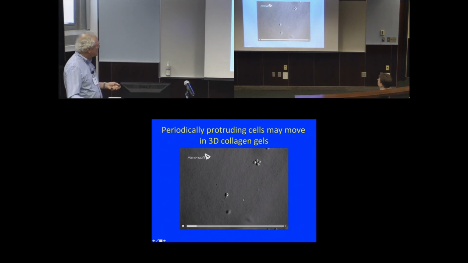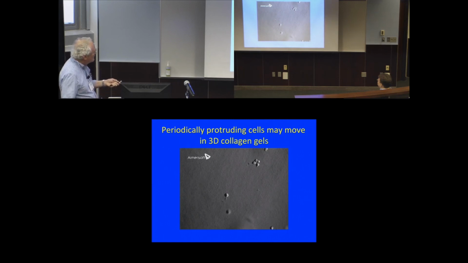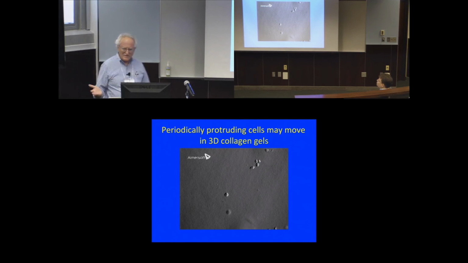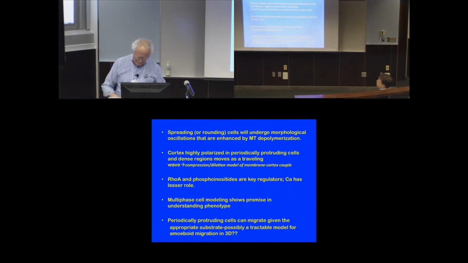If we watch them, particularly the cells up here, these were embedded in the matrix, they were oscillating, and you can see that they can undergo some type of migration, particularly up here. There's a situation where they almost look like a leukocyte moving through the matrix. So these are open questions as to the relevance of this phenotype, but we hope it's relevant.